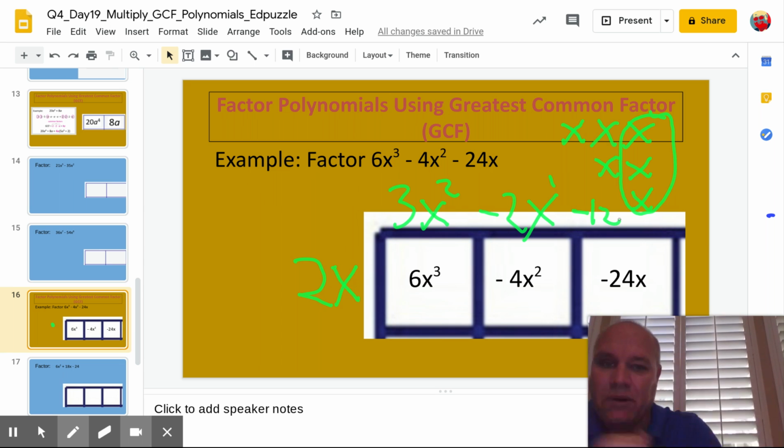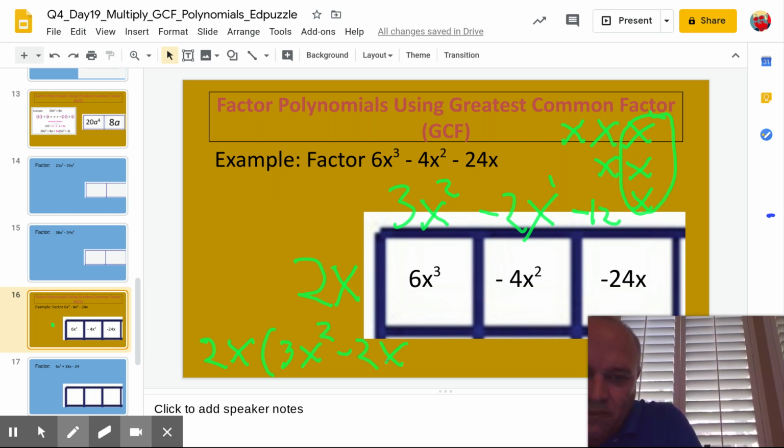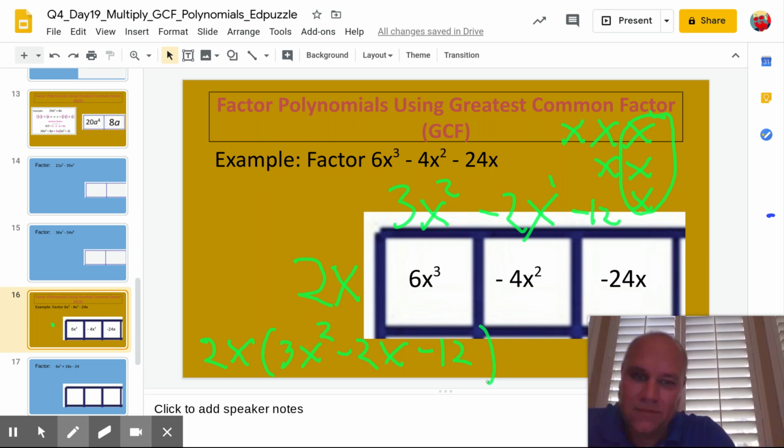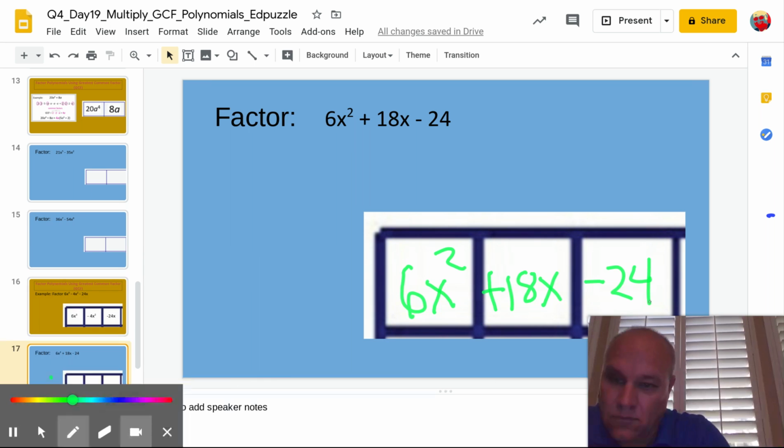Okay, and then we write out our answer in factored form, which is 2x, parentheses, 3x squared minus 2x minus 12. Bingo.